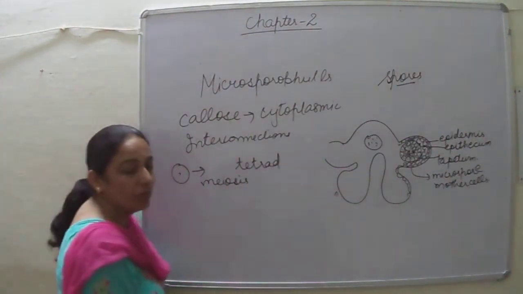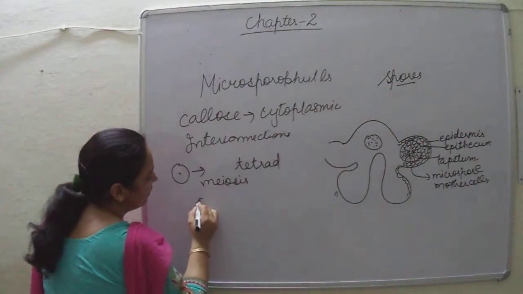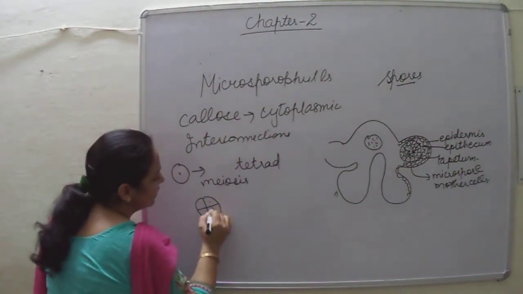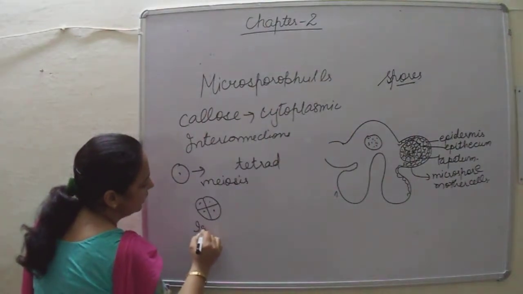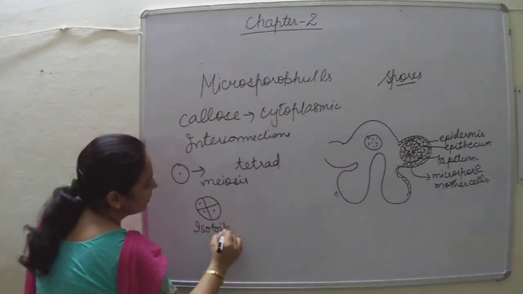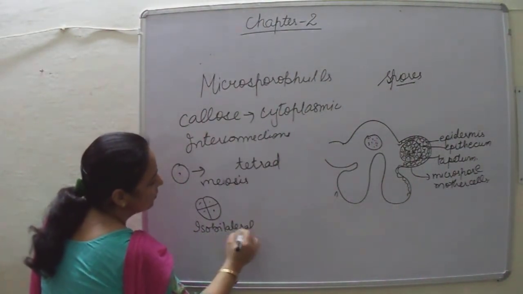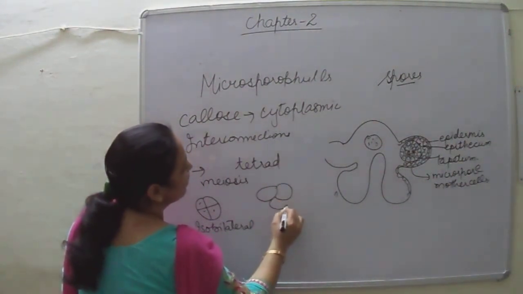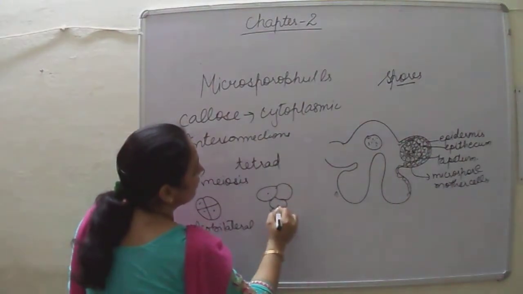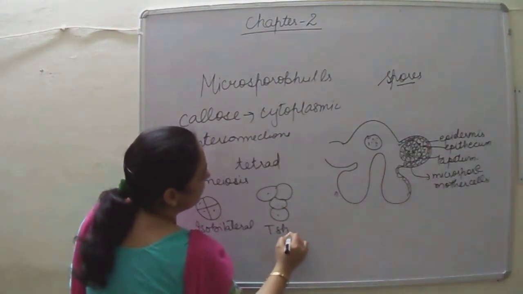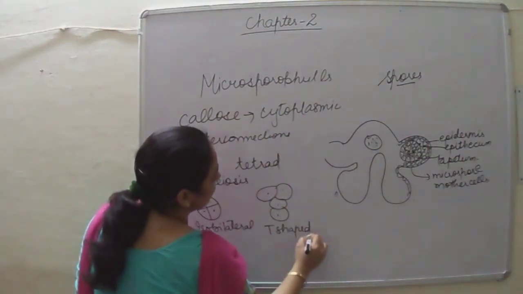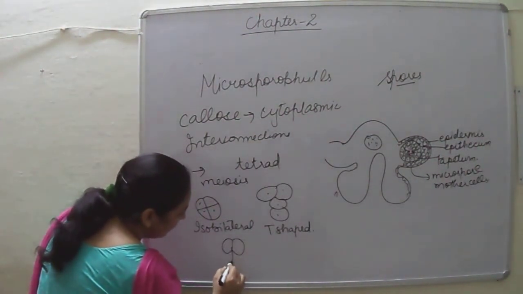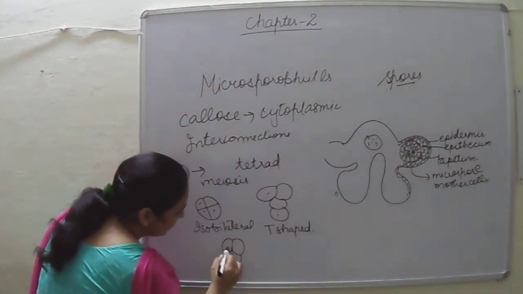Tetrad means four haploid cells, and these four haploid cells arrange themselves in different ways. This is isobilateral, or T-shape, or decussate, like this.